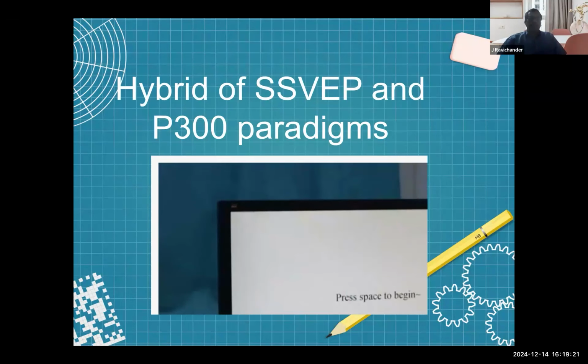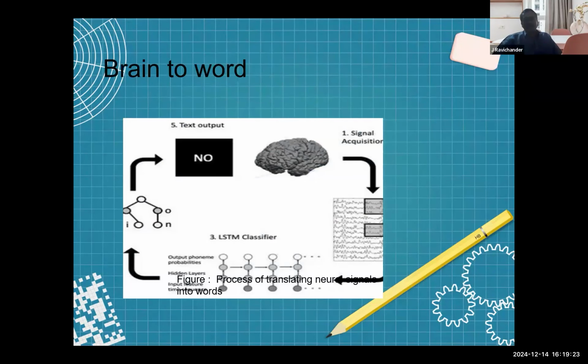Now, how can BCI be used in natural language processing? There are different applications, but in our topic, we are going to discuss natural language processing. Natural language processing means processing of natural signals. What are the natural signals? Speech and words are the natural signals.